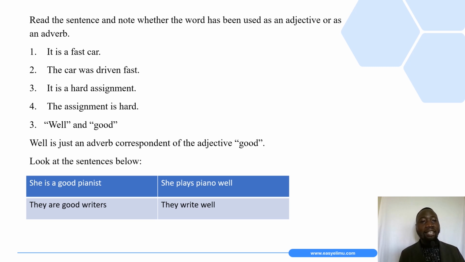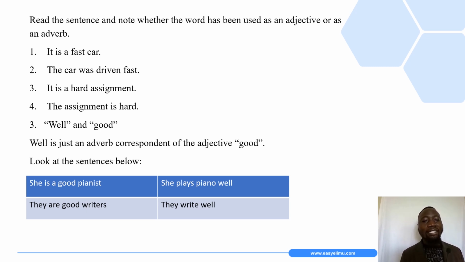For instance, in the sentences below, we have the words fast and hard. We categorize them under either adjectives or adverbs depending on how they have been used in the sentences. So read the sentences and note whether the word has been used as an adjective or as an adverb. The first sentence is, it is a fast car.